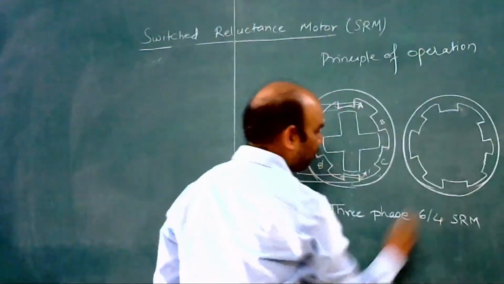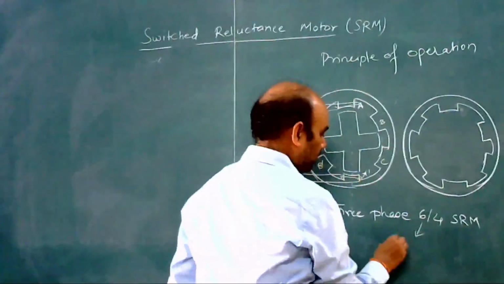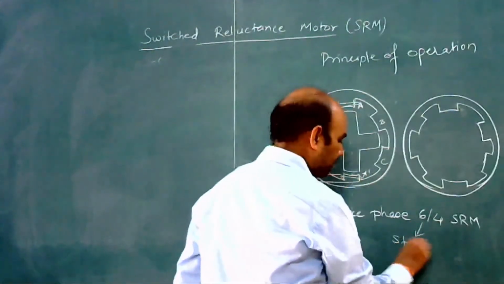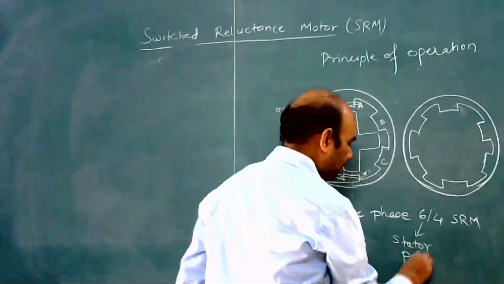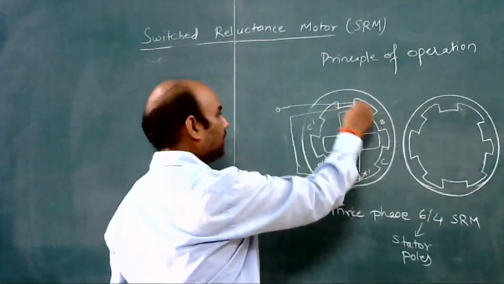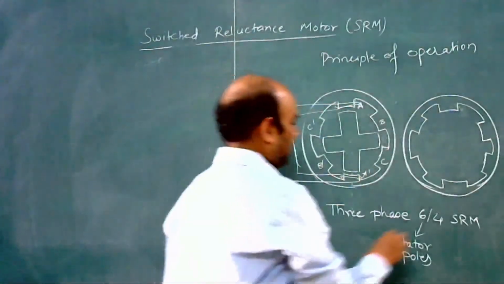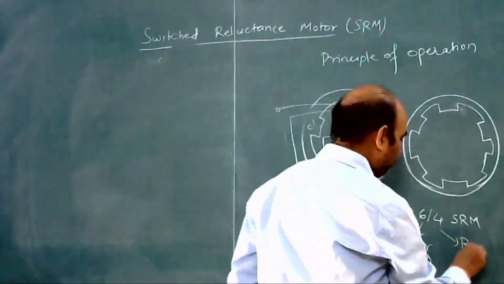This is a 3-phase 6/4 SRM, which gives the stator poles. We have 6 salient poles: A, B, C, A dash, B dash, and C dash, and 4 rotor poles.